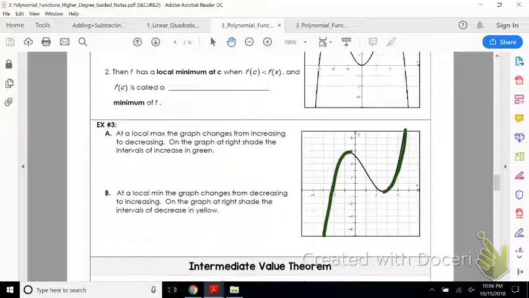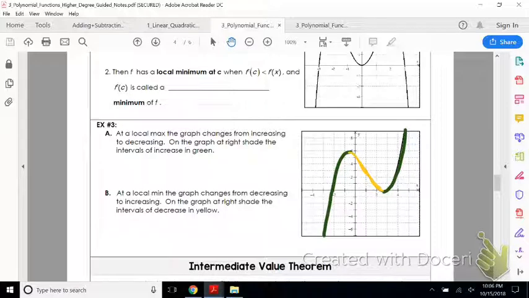All right. And then it says at a local minimum, the graph changes from decreasing to increasing. On the graph at the right, shade the intervals of decrease in yellow. And so this is just where it is decreasing, and that has got to be like the ugliest yellow I've ever seen. But it's alright. So there's where it is decreasing.